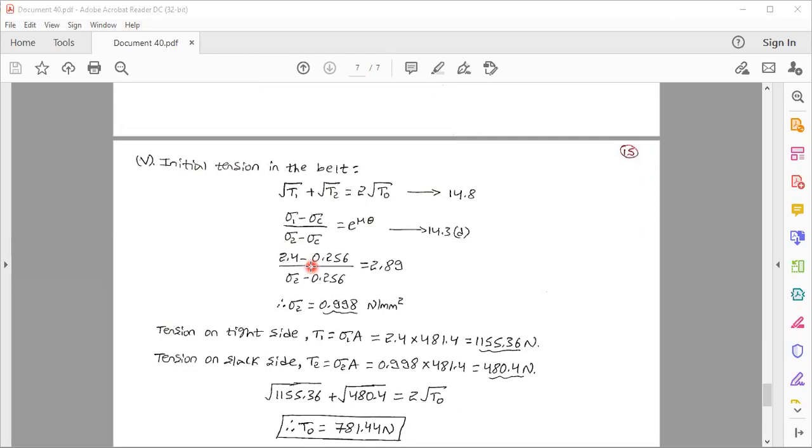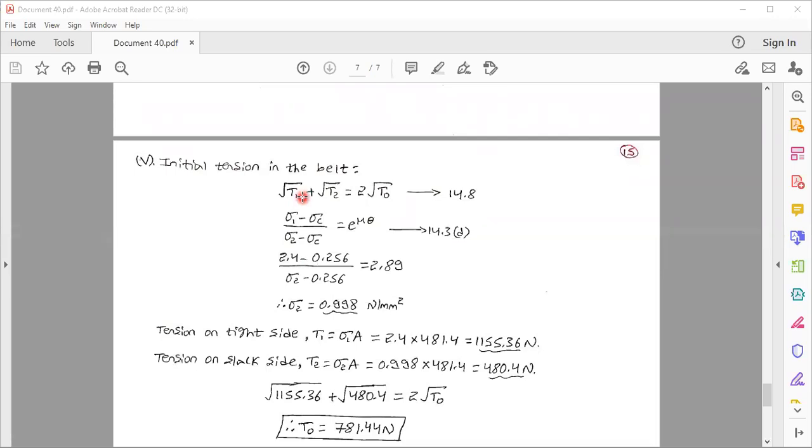The formula is root of T1 plus root of T2 is equal to 2 root of T naught, where T naught is the initial tension. In this case, T1 and T2, the tension in tight side and tension in slack side, are not given. First you need to find out the tension in tight side and tension in slack side.